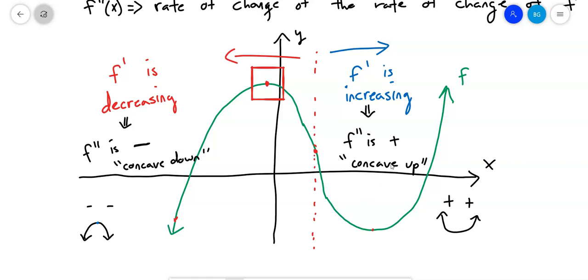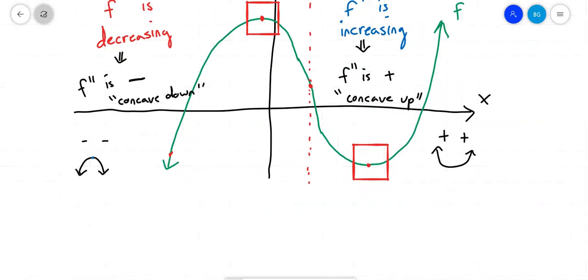And if it happens in a region where we're concave up, by the same logic, but just the exact opposite situation, that's got to be a minimum, right? And so we can use that to our advantage. Maybe we should write that down.